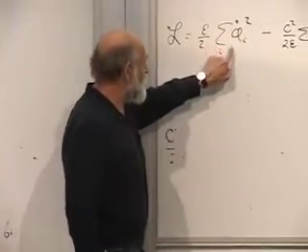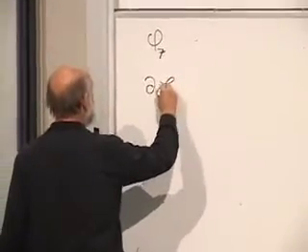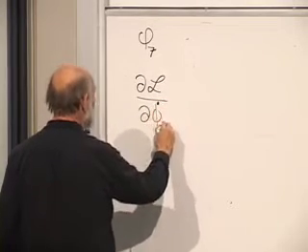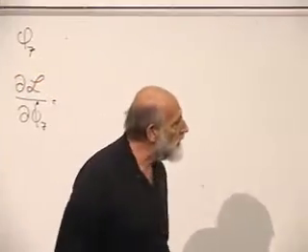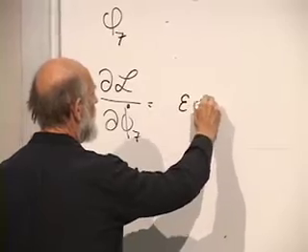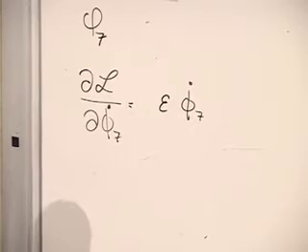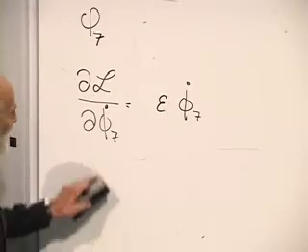Phi dot_7 occurs in only one term here. So the partial derivative of L with respect to phi dot_7 is just equal to epsilon times phi dot_7, right? Did I get it right? Yeah. Okay, now once I do that, I look at it and I say, I got the pattern now.